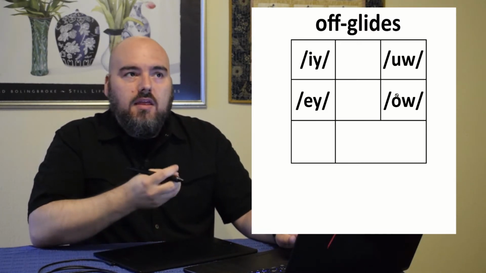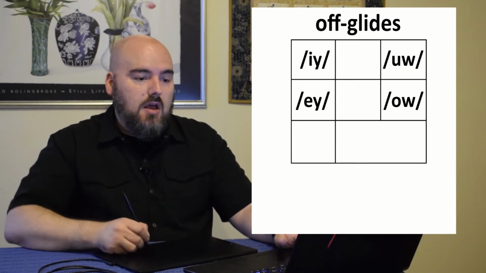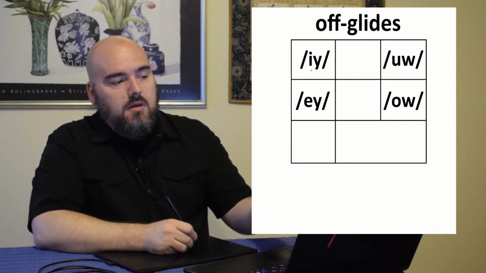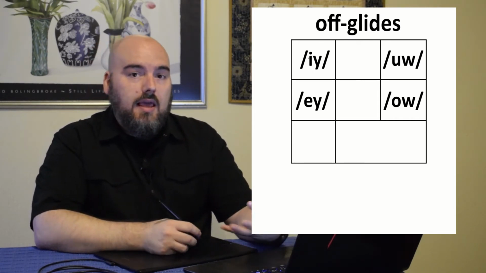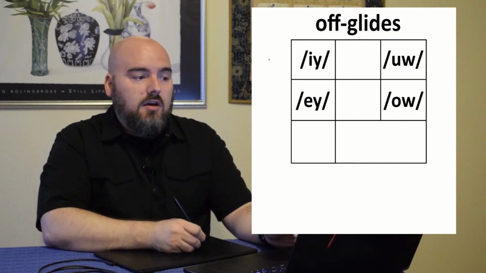Now, the difference is, like for example, we've already talked about this in class. We've seen that when we have the tense vowel in the regular IPA, instead of having the E, you just have E, right?